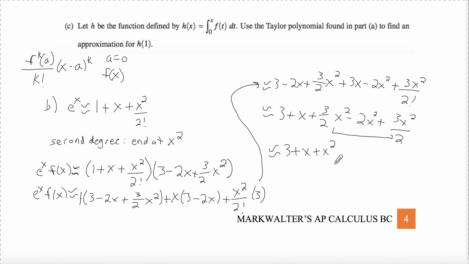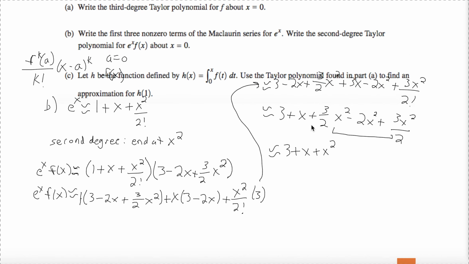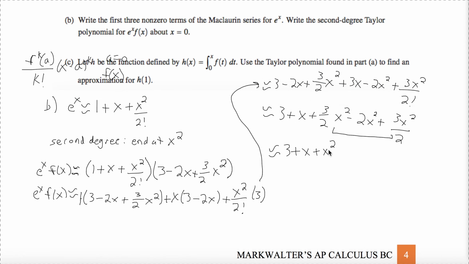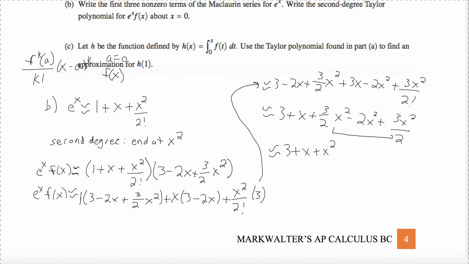So 3 plus x squared would be the first 3 terms, which is the second degree Taylor polynomial for e to the x times f of x. We could say then that P2 of x is 3 plus x squared. Point-wise, you got 1 point for knowing your terms for e to the x, and then 1 point for your 3 terms over here.